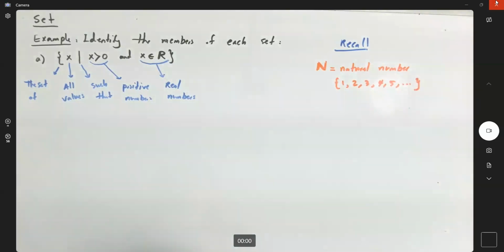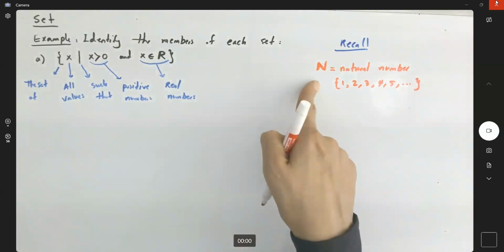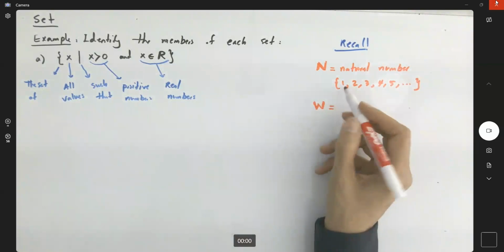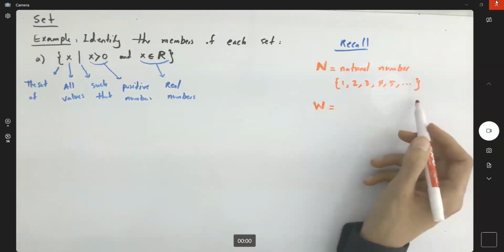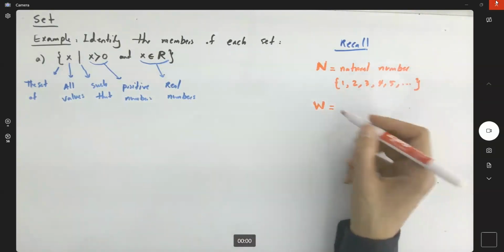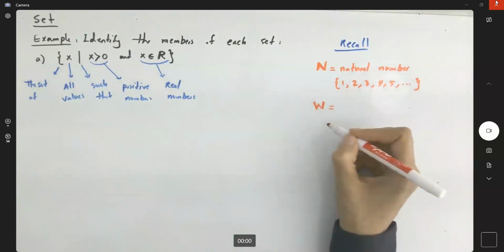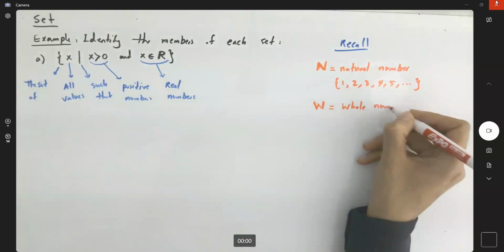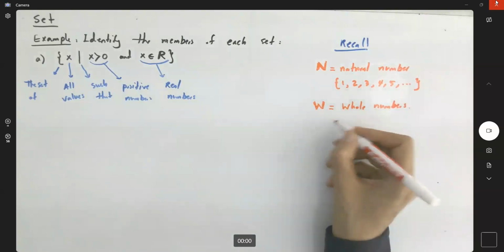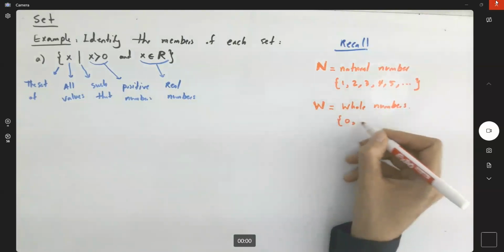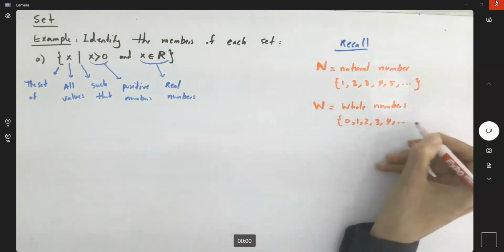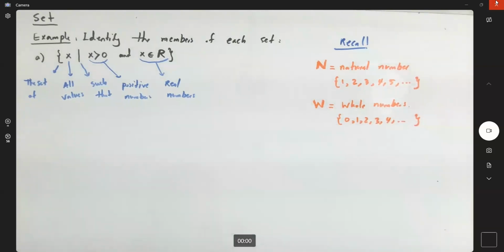This is N, natural numbers. After natural numbers, we define the whole numbers using W. This set doesn't have any zero. So we're going to add 0 to it and call it a new set, whole numbers. So this guy is 0, then 1, then 2, then 3, then 4, and the rest of the numbers.